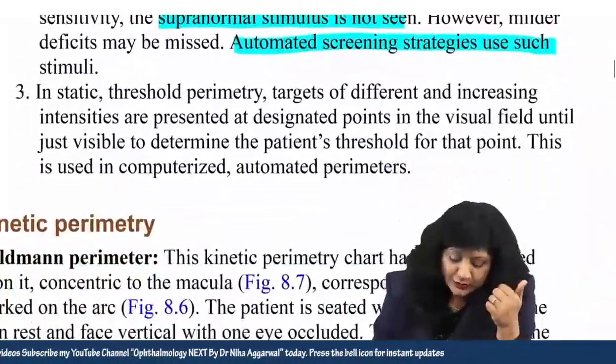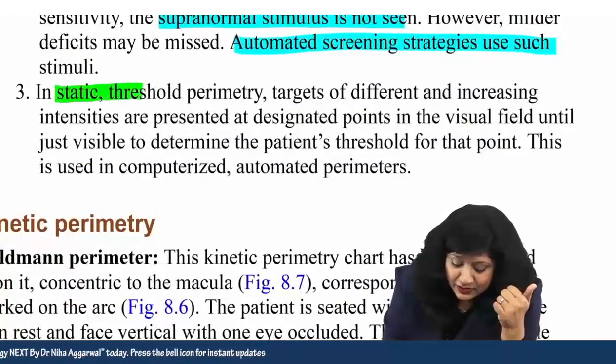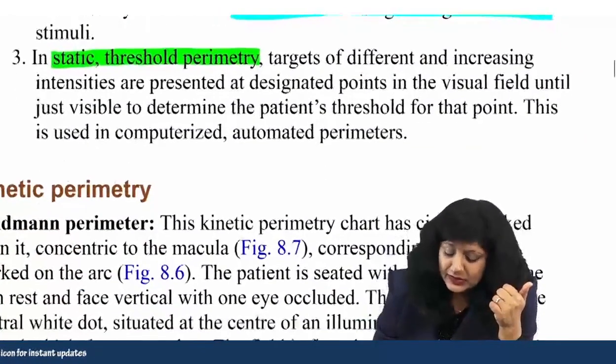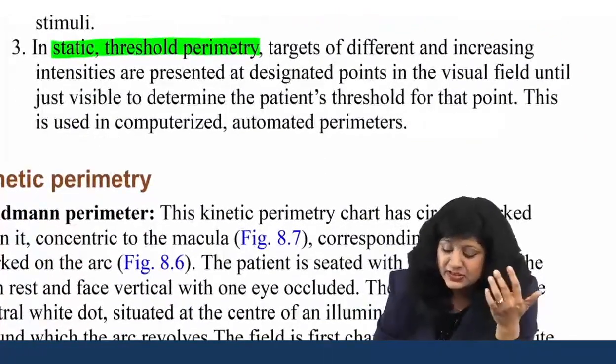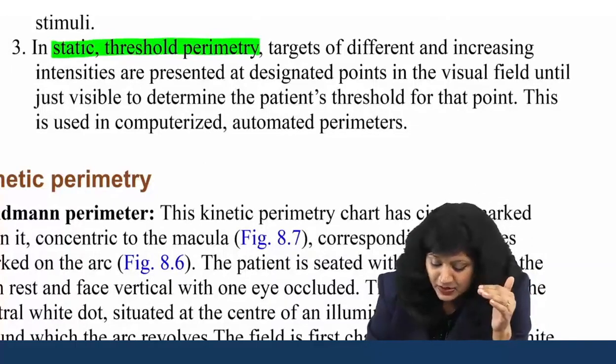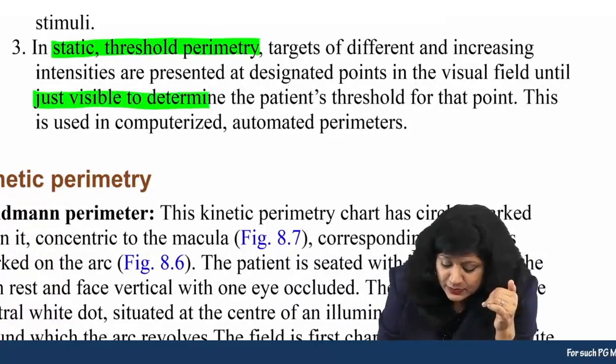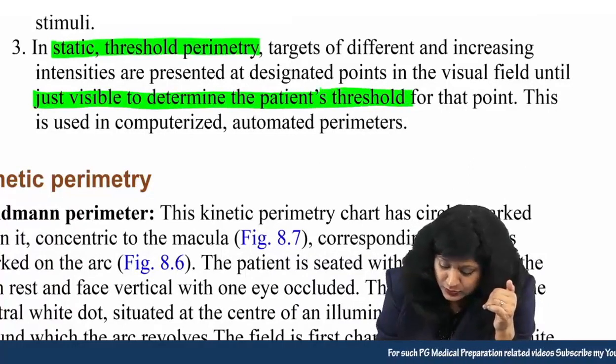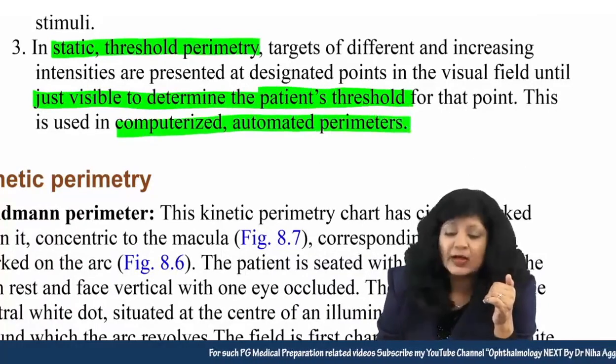Now, if I talk about the static with threshold perimetry, targets of different as well as increasing intensities are presented at the designated points in the visual field until they are just visible to determine the patient's threshold. So, this is the one that is used in the computerized and automated parameters.